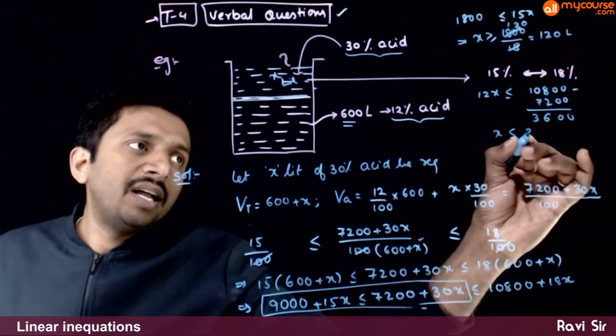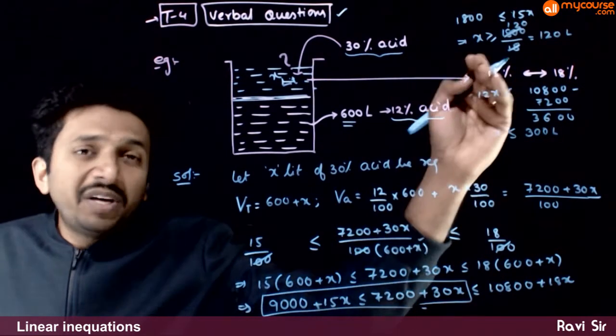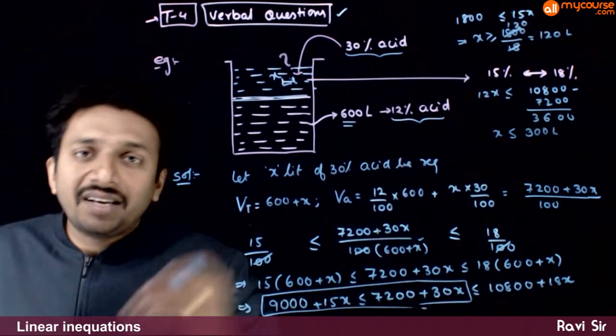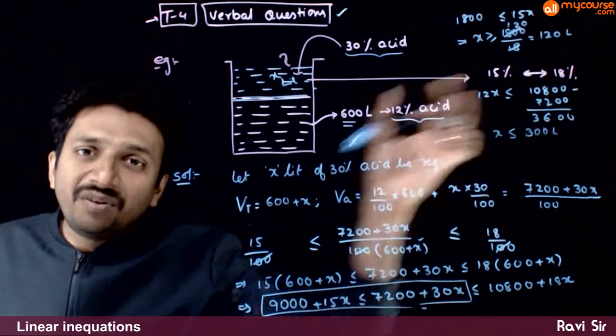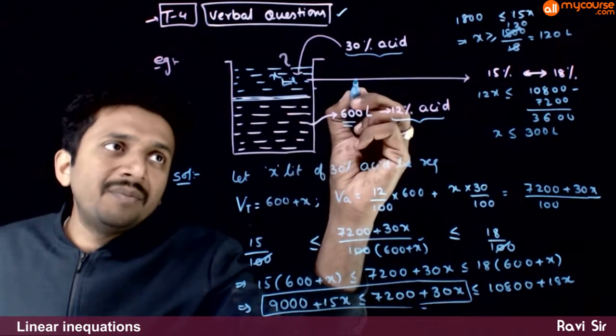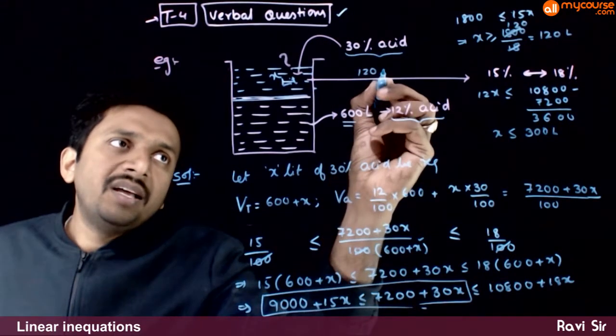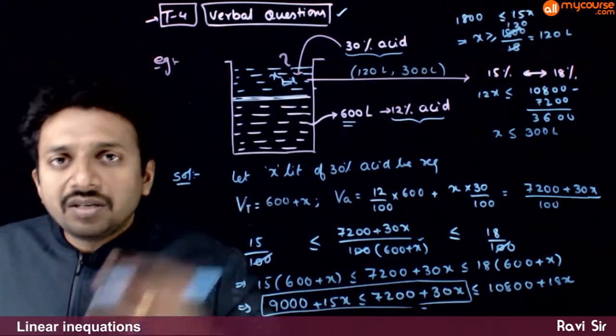So x is less than or equal to 300 liters. So x has to be greater than or equal to 120 liters and less than or equal to 300 liters. So that means for the concentration to be in between 15% and 18%, you have to add somewhere in between 120 liters to 300 liters of 30% solution.